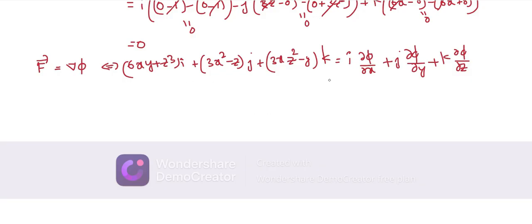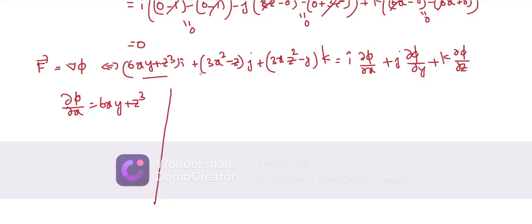So on equating, look at the coefficient of i. Here we have dou phi by dou x, here we have this. So on equating, we can say that dou phi by dou x is equal to 6xy plus z cube. We have this in one hand.